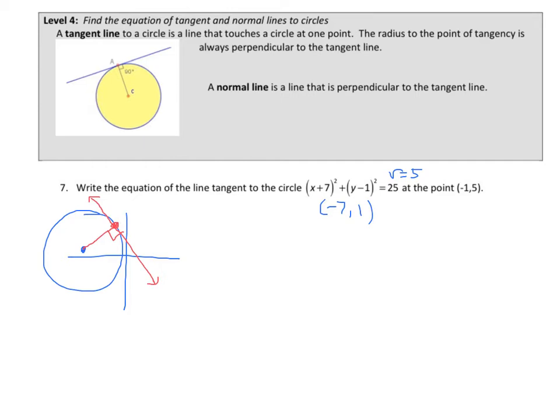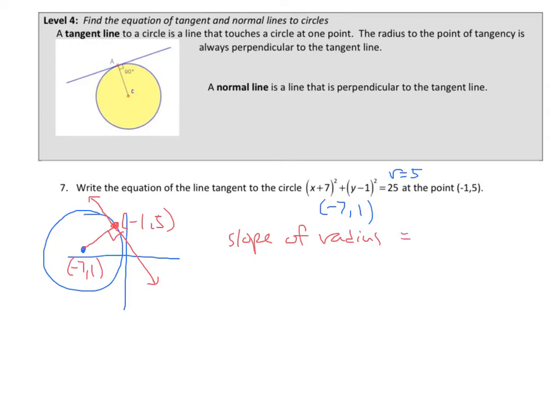If I find the slope of the radius, then I can find the perpendicular slope, which will be the slope of the tangent line. And since I know a point on the line, -1, 5, that's all I need to write the equation. So the slope of that particular radius: the 2 points I'm using are the center, -7, 1, and the point on the circle, -1, 5.